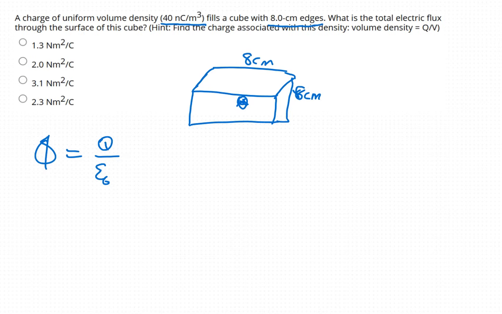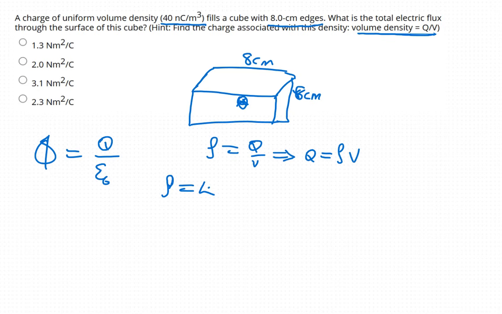We're given a hint that the volume charge density is this. So rho is equal to Q divided by V, and this implies that Q is equal to rho V.